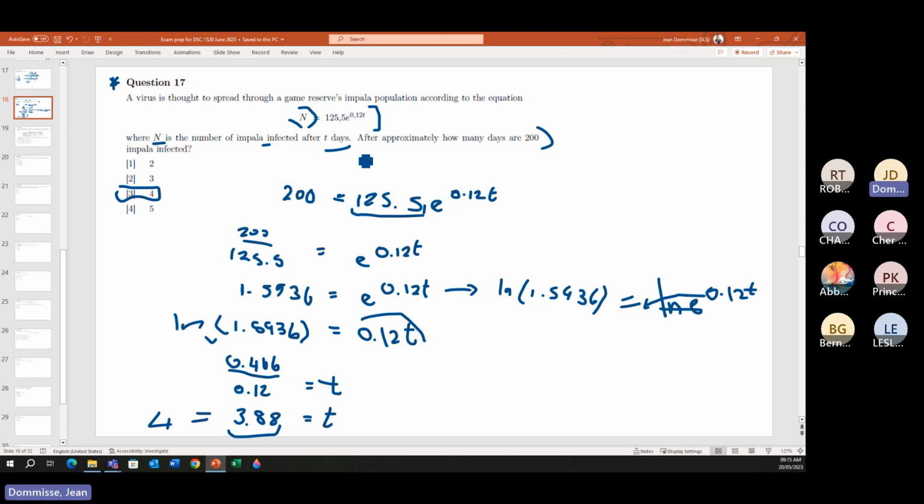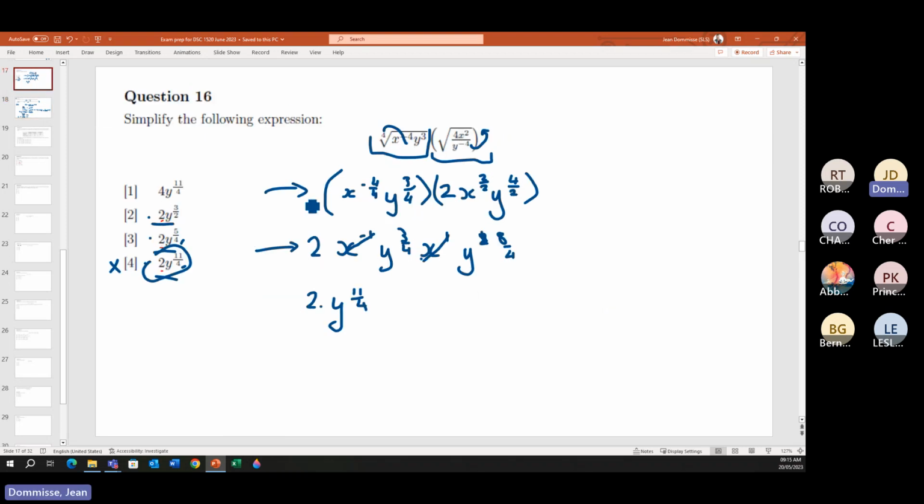Okay, questions around this one. So you will see that you get a few different forms of simplification. And they don't always need to tell you that you're simplifying something.